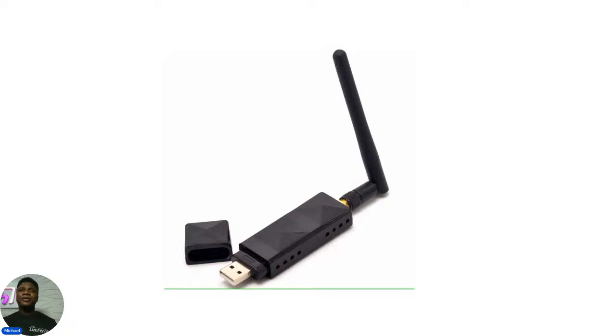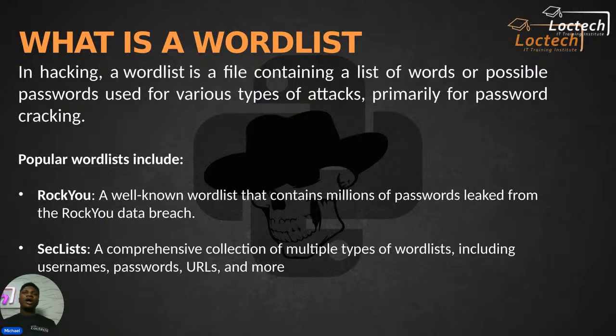So going on, another concept I would like to bring us to is what is a word list. In hacking, a word list is a file that contains a list of words or possible passwords that are used for various types of attacks, primarily for password cracking.